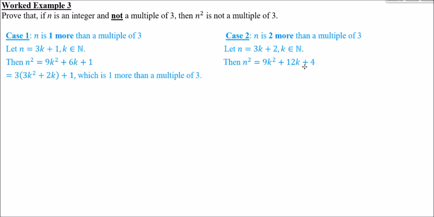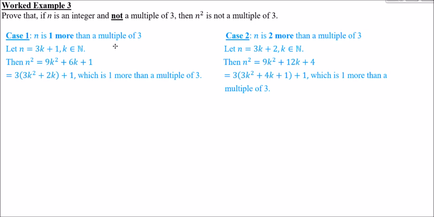And again, deliberately factorising out a 3 from this, I'm going to get 3 lots of 3k squared plus 4k plus 1, but 3 times 1 is 3. We've got 4 here, so again we've got the extra plus 1 to add. This is a multiple of 3 quite clearly, but plus 1. So we've shown that when n is 2 more than a multiple of 3, n squared is 1 more than a multiple of 3, hence not a multiple of 3 either.